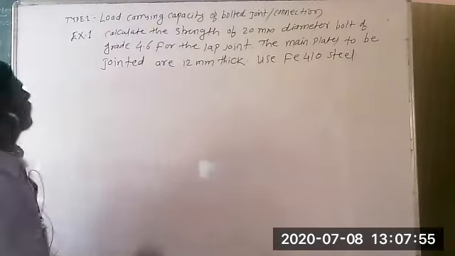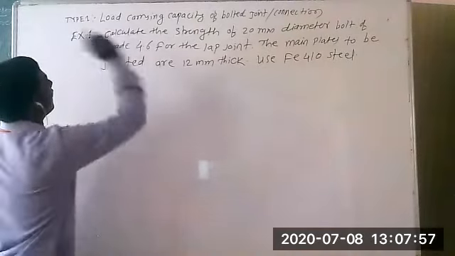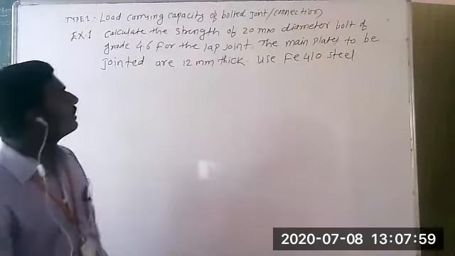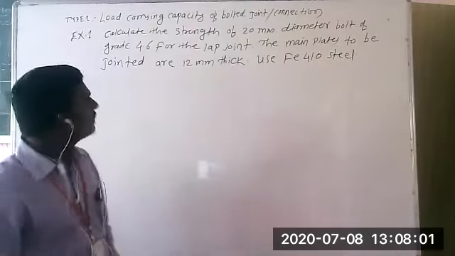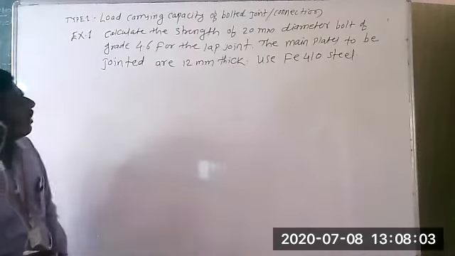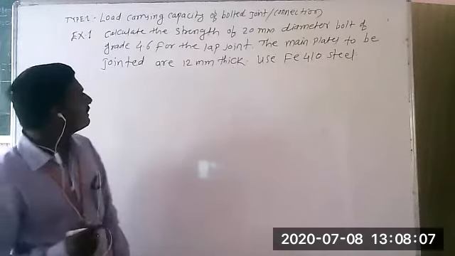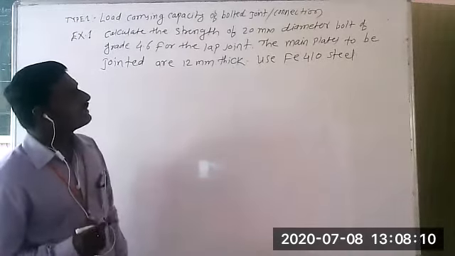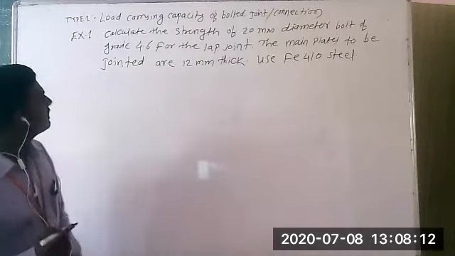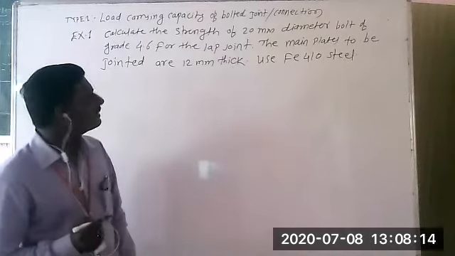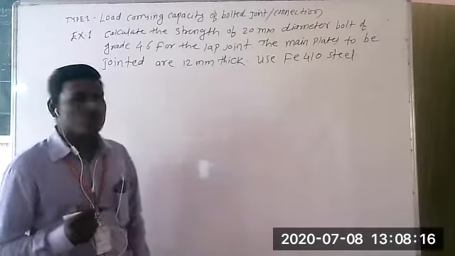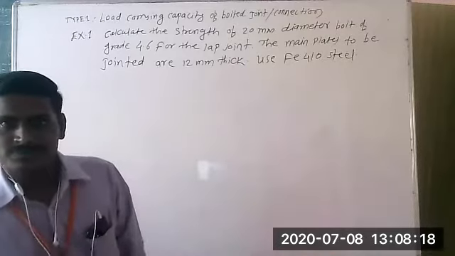See, this is the problem statement. Calculate the strength of 20 diameter bolt of grade 4.6 for the lap joint. The main plate to be jointed are 12 thick. Use Fe410 steel. Are you getting?